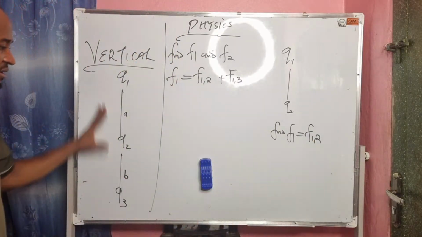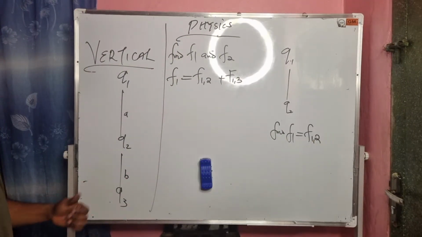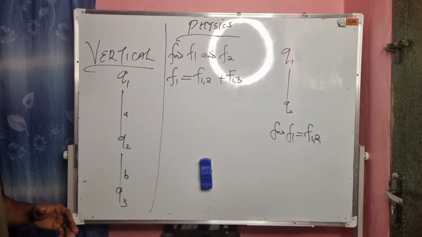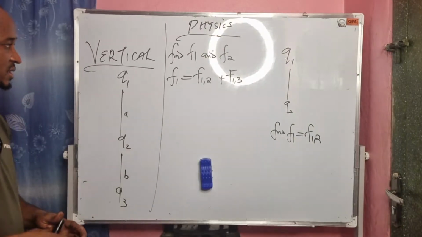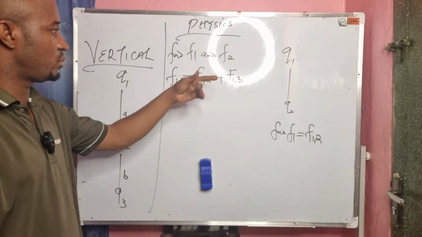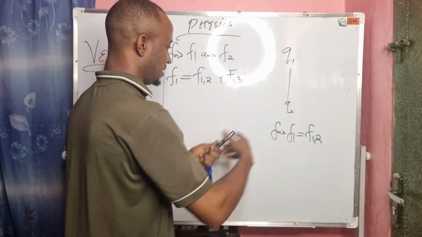But if I have three charges and I'm to find the force acting on charge 1, I have to bring up the principle of superposition of force, and that will give us F1 equals F1,2 plus F1,3. This is simple.